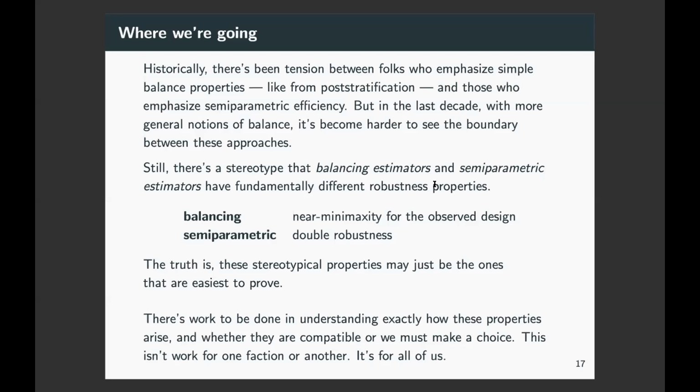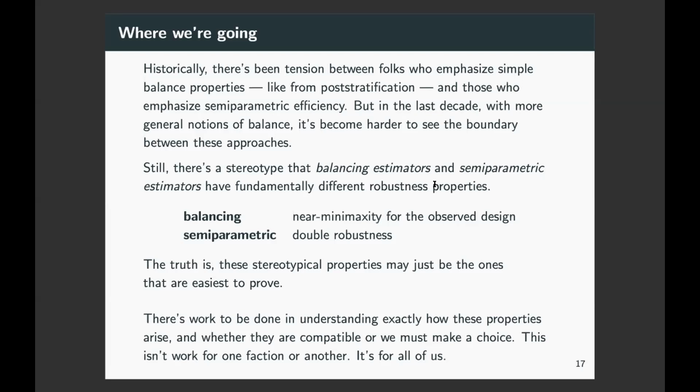And the truth is, these stereotypical properties may just be the ones that are easiest to prove. It may well be that we can prove one or the other using more involved arguments that haven't quite appeared yet.